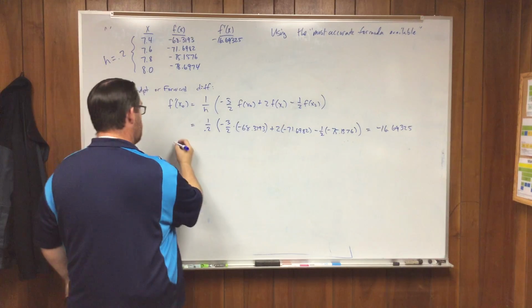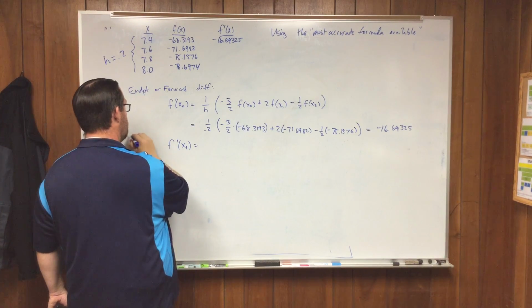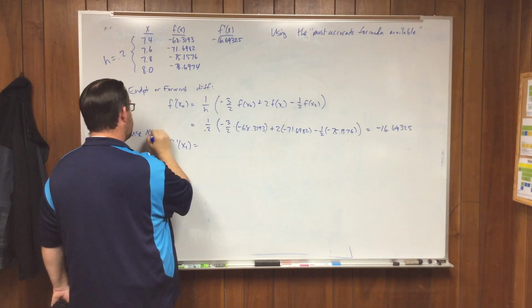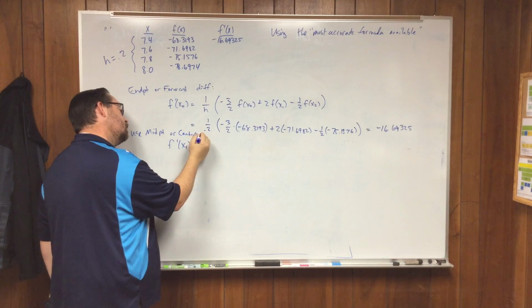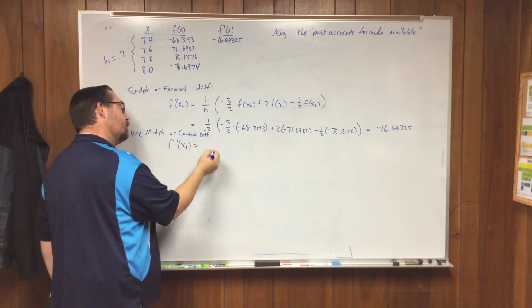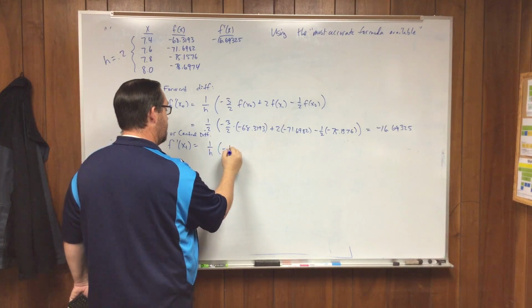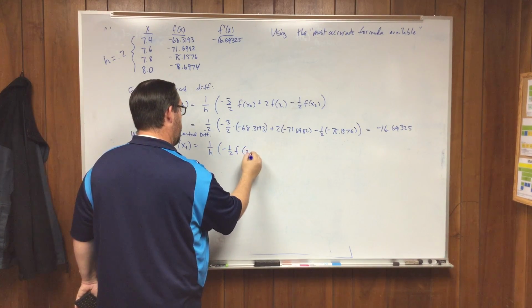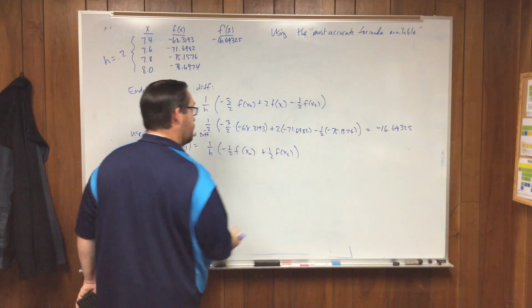All right, to do f prime at x1, I'm going to use the midpoint or central difference 3-point formula, which is 1 over h times negative 1 half f at the point before it plus 1 half f at the point after it.